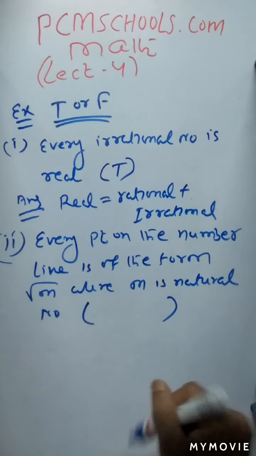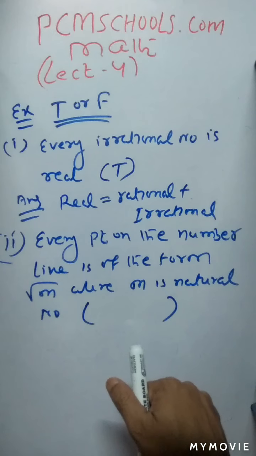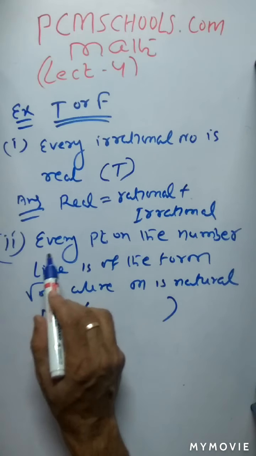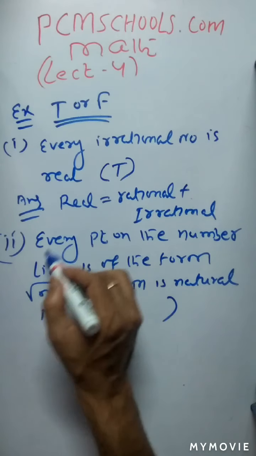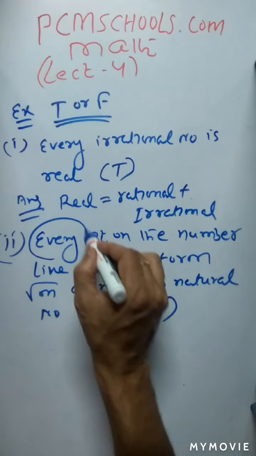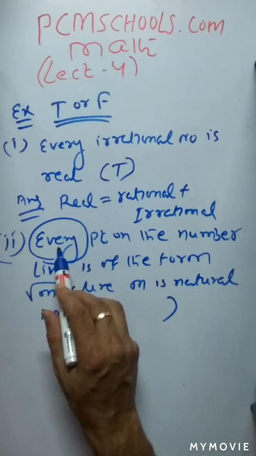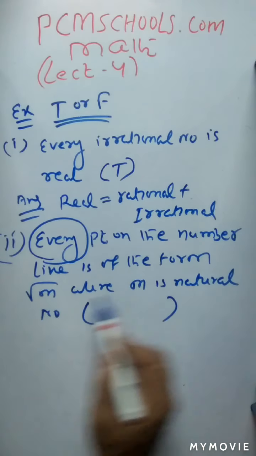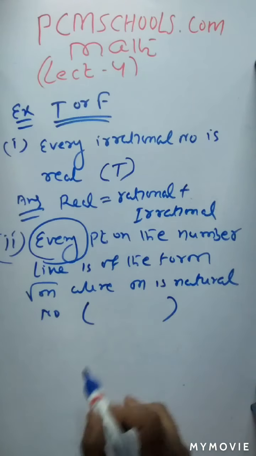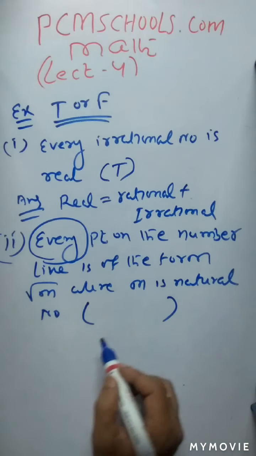So you have to mark whether it is true or false. Okay, so see the question carefully. Every point, you see this term, give more emphasis to this term. So here it is written, every point on the number line is of the form square root of m, where m is a natural number. True or false?